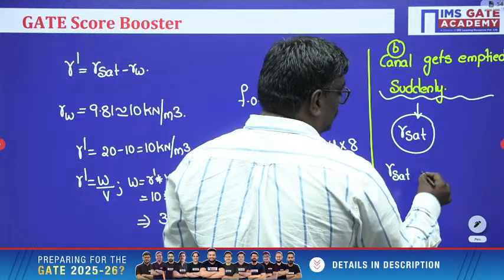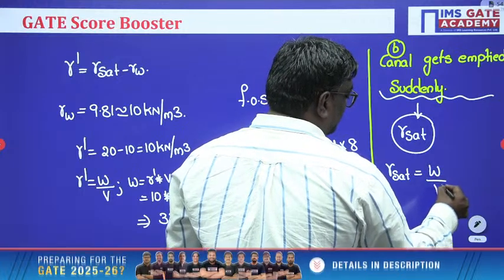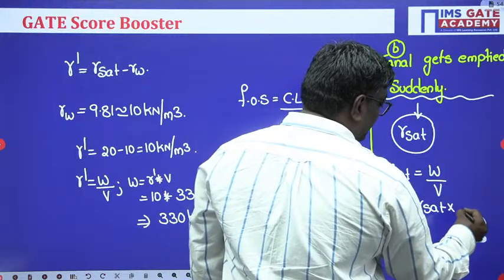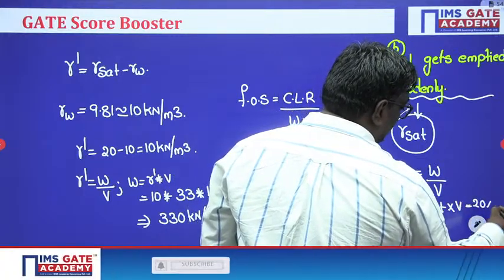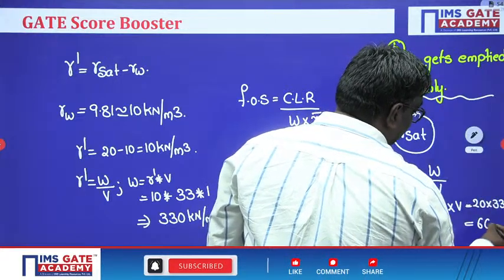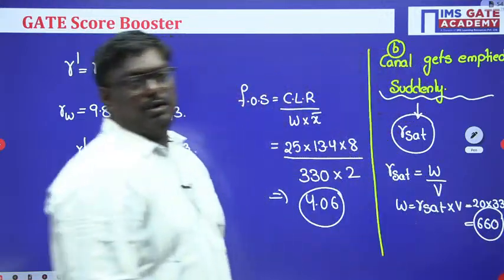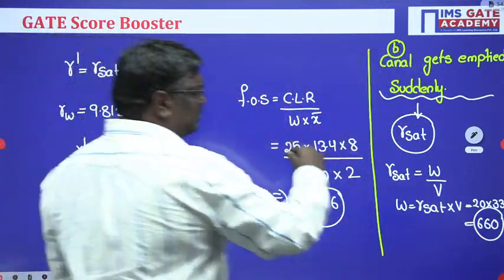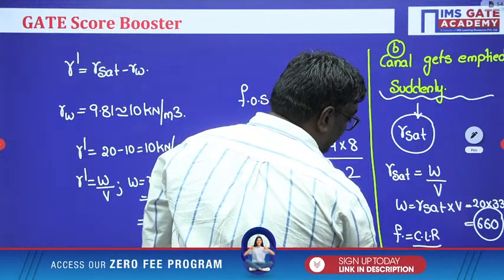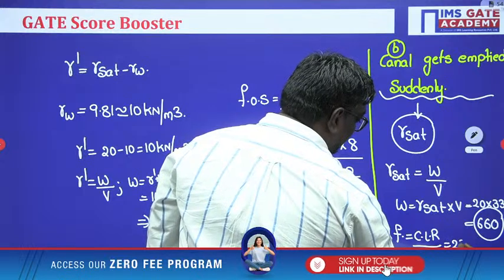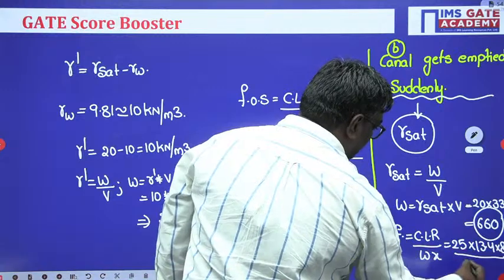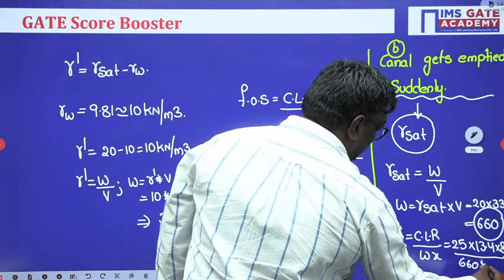So, here weight by volume. Weight is equal to gamma sat into volume. If you see here, it will come as 20 into 33 into 1. Here it will become 660 kilonewton per meter. Now, all the values are same here. If I do factor of safety, C L R upon W into X bar, C is 25, L is 13.4, R is 8, W is 660 into X bar, which is 2.